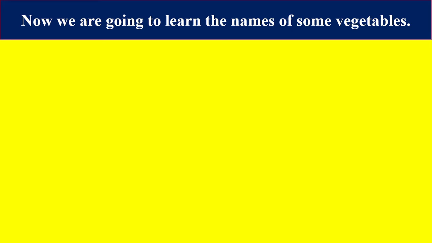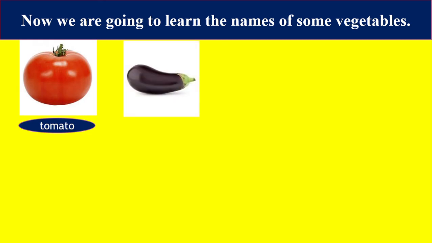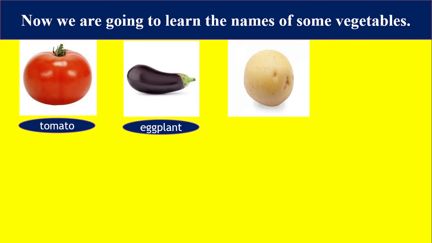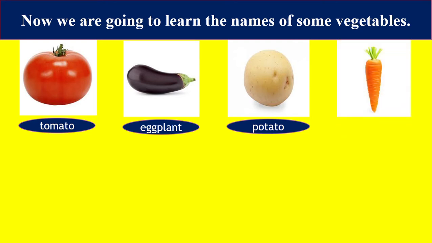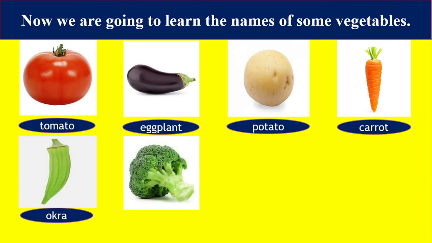Now we are going to learn the names of some vegetables. Okay, see here, what is it? Yes, it's tomato, and this is eggplant, and this one potato, and it's very common, and this one carrot, and this one okra, and what is this called?